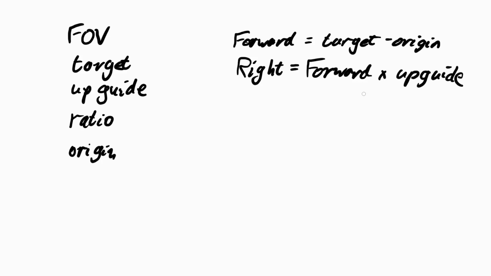It's important to make sure we get the cross product the right way round, or this would end up being a left vector instead, and the whole image would be mirrored. But now finally we can get the actual up vector from right cross forward. Now the good thing about doing it this way is that these vectors are now guaranteed to be at right angles to each other, though we do still need to normalize them.